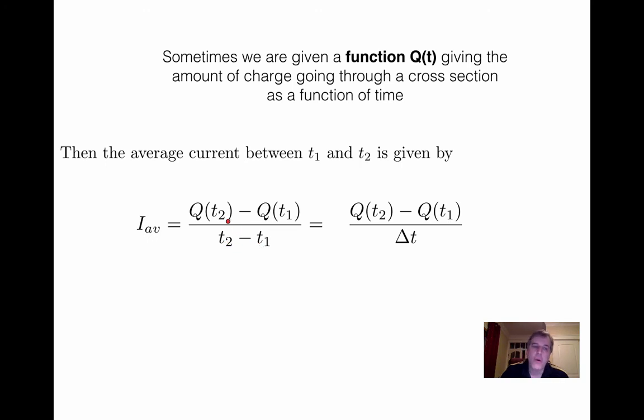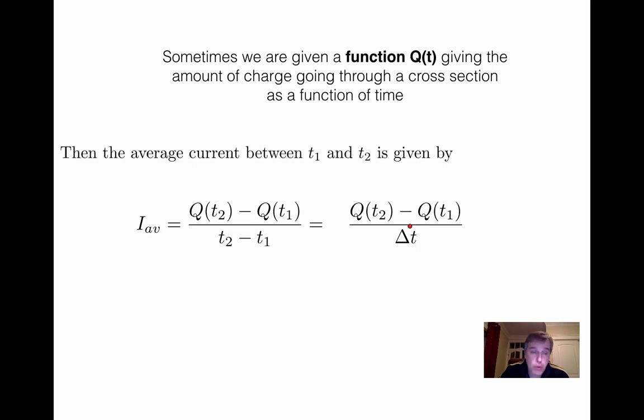So you just plug in t2 in your function q of t, t1 in your function q of t, and you calculate this ratio here, which of course can be written also this way because t2 minus t1 is just another name for delta t.